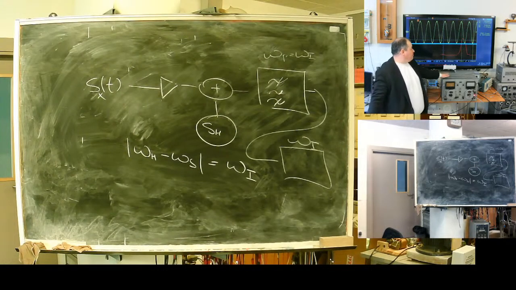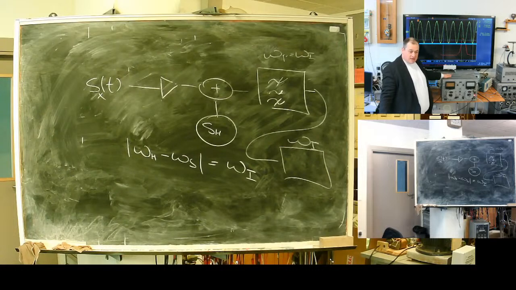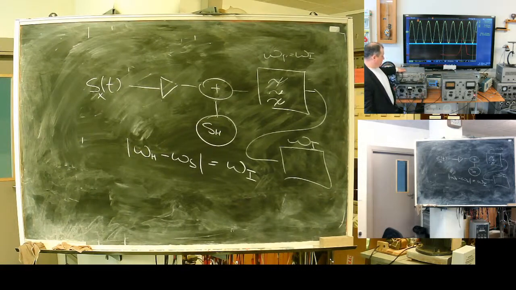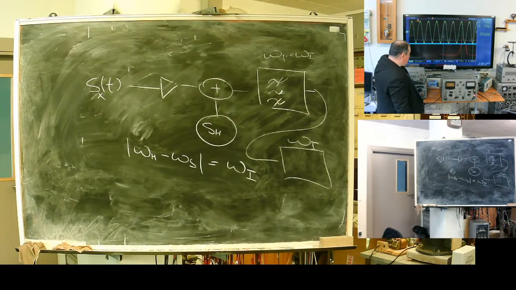The generator now produces a pure carrier at a frequency of 20 megahertz. The receiver transfers it to its interim frequency of 4. It should be 4 exactly, but the scope believes it's 4.1. Maybe it's true.